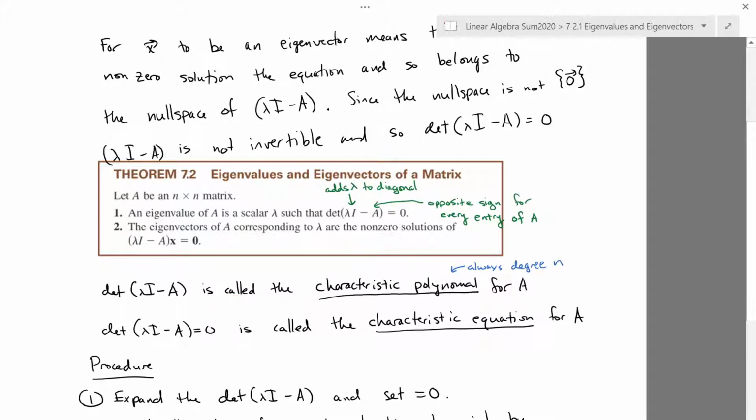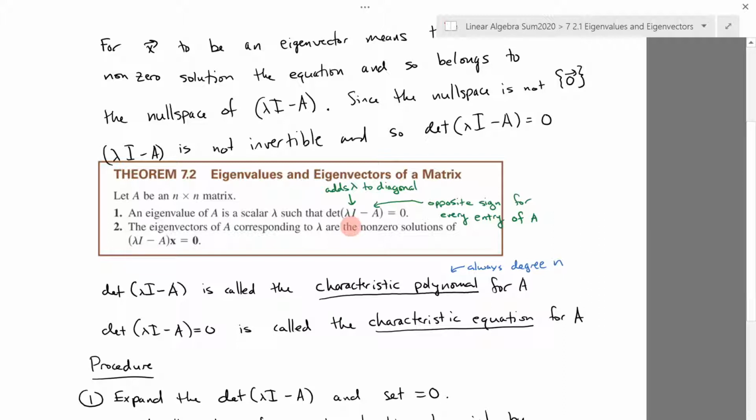Okay, so one word about how the matrix lambda I minus A is set up. Minus A just takes the opposite sign of every entry in A, and lambda I is just a diagonal matrix with lambda along every entry in the diagonal.